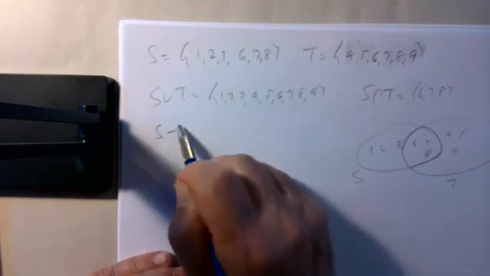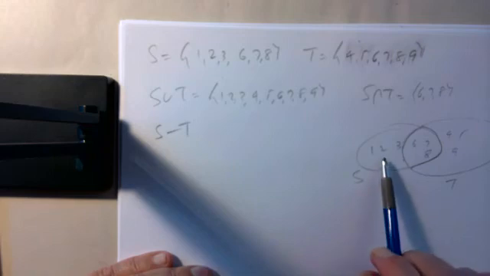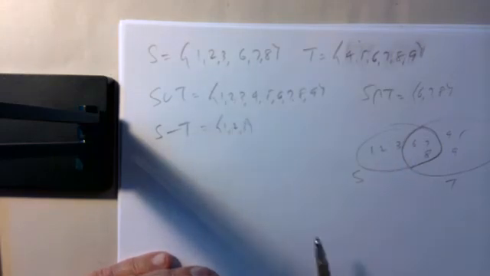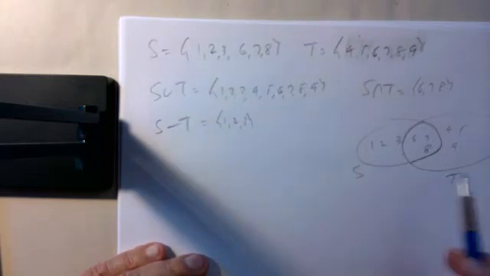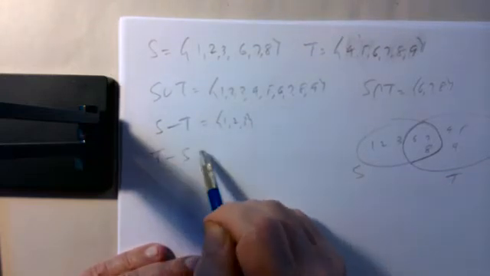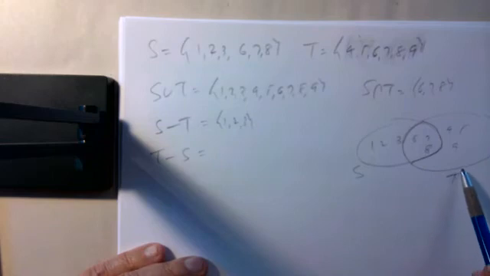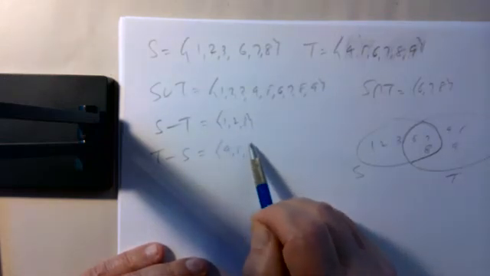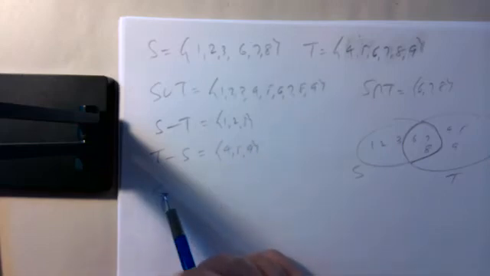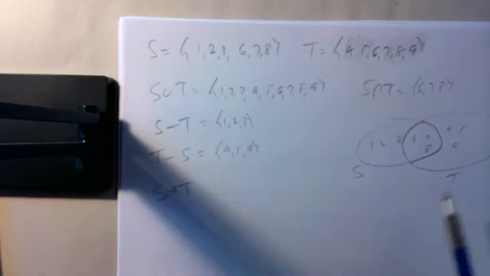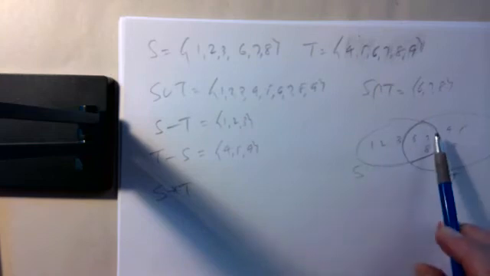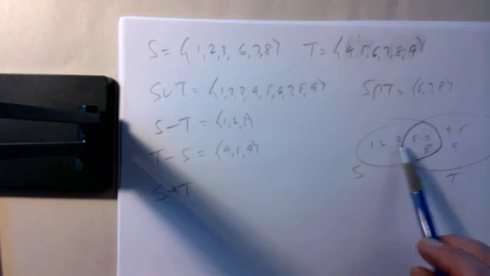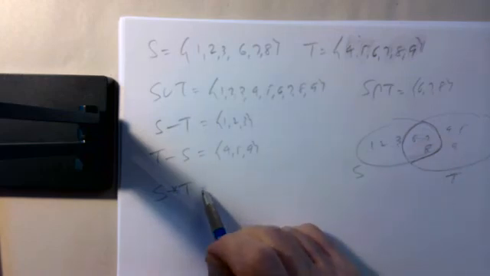The difference, S minus T, everything in S not in T, is 1, 2, 3. The difference, T minus S, everything in T that's not in S, is 4, 5, and 9. And the symmetric difference, everything in the union that's not in the intersection, 1, 2, 3, 4, 5, and 9.